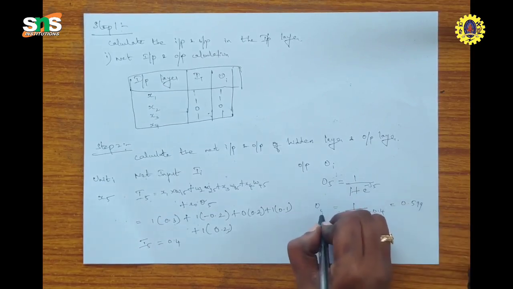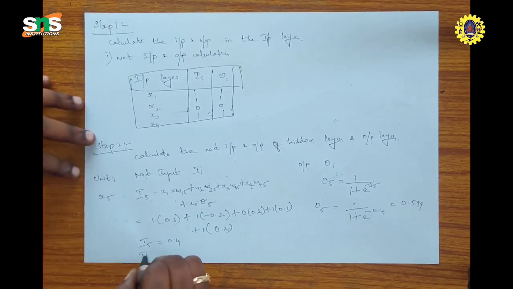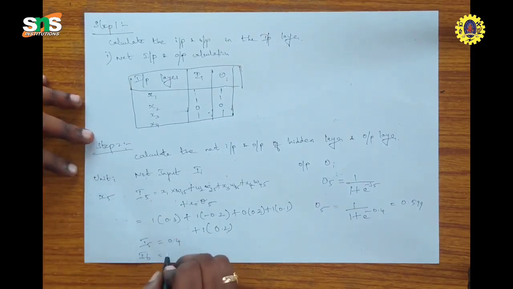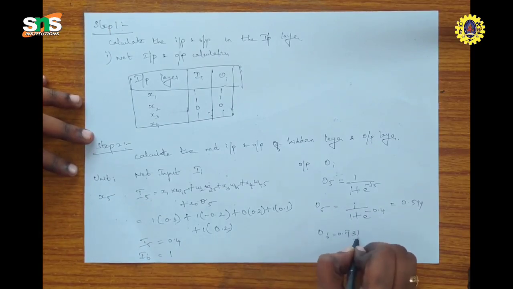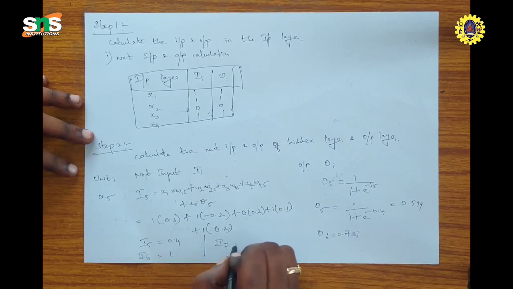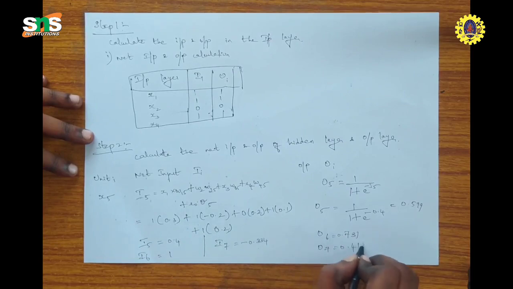This is your output 5. Similarly, we calculate for x6 and x7. The output of 6 is 0.731, I7 is minus 0.334, and the output 7 is 0.417.